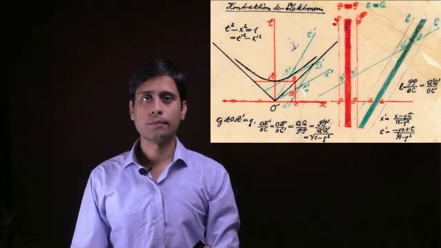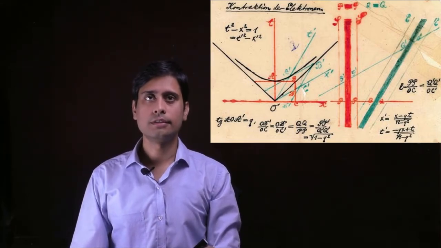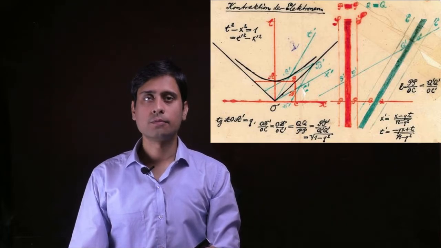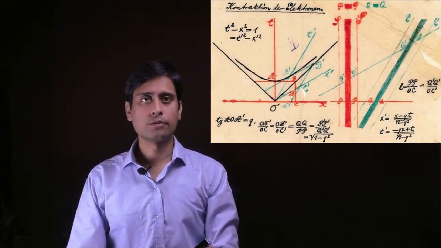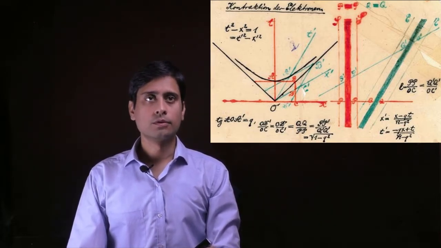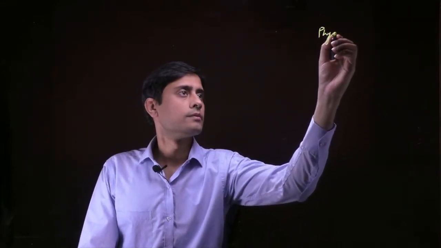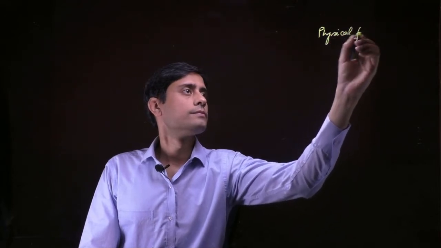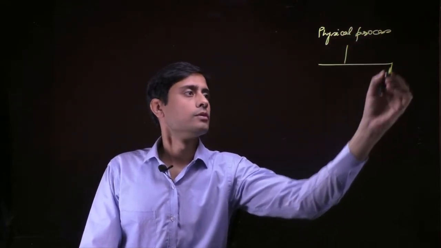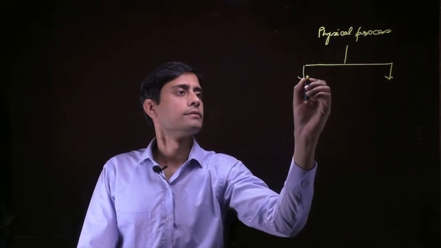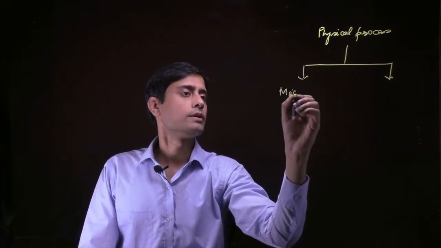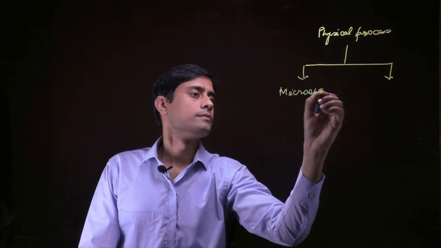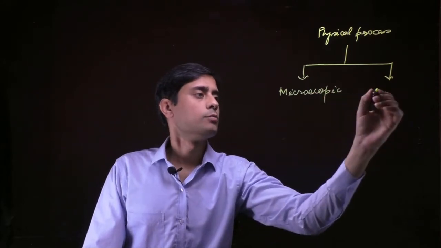Physical processes happening around us can be studied in two categories. One is microscopic and the other is macroscopic. So let's study these processes. A physical process is of two categories: one is microscopic, another is macroscopic.